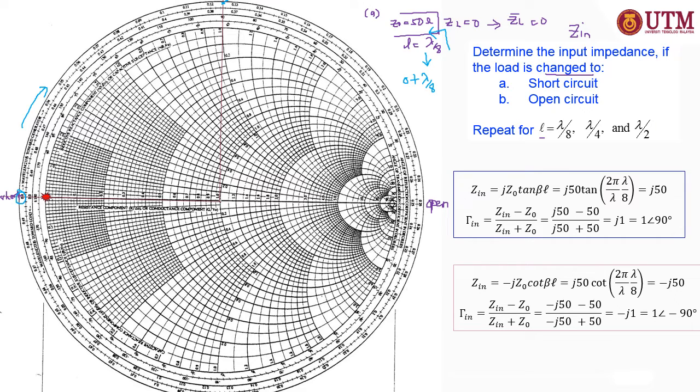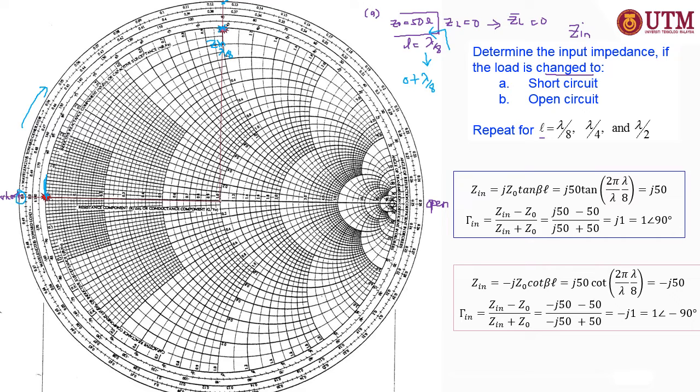So the circle where the load lies on is around there. So it's crossing at this point. So there will be your Z-in. Okay, so this is your Z-in for L equal to lambda over 8. Okay, so you can read through the value.